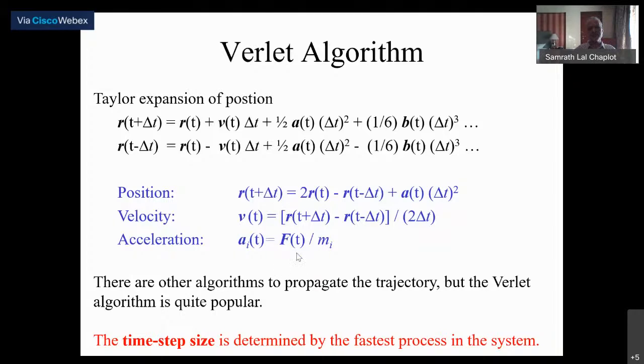Quite often people use more complex algorithms than this, involving not just the previous time, but many previous times to get even more accurate values. But this works well in many cases, and it's just an example of a good algorithm.